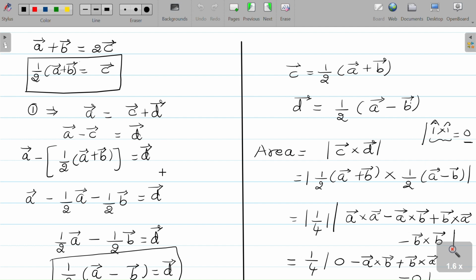And then I have found the area by using the area formula C vector cross D vector.